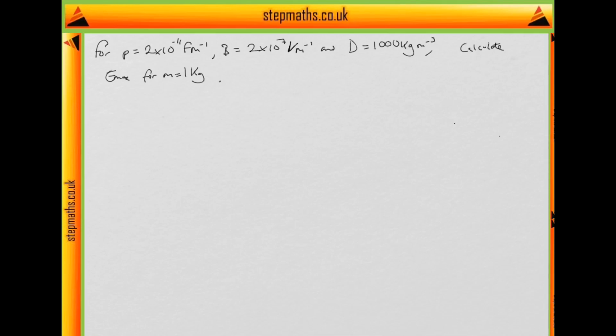Okay, well, we know Emax is equal to MPB squared over 2D. And we have all these values. So plugging that in, we get it equal to the mass 1 times P, 2 times 10 to the minus 11, times B squared, 2 times 10 to the 7 squared, over 2D, 2 times 10 to the 3.